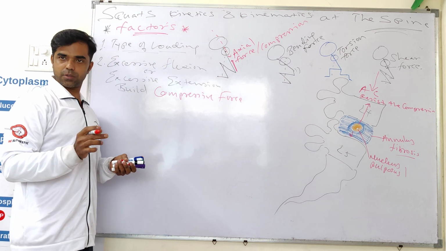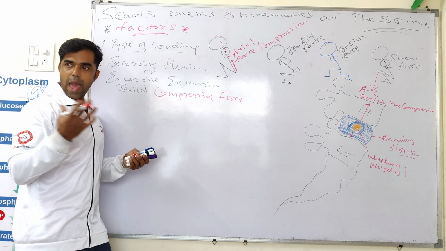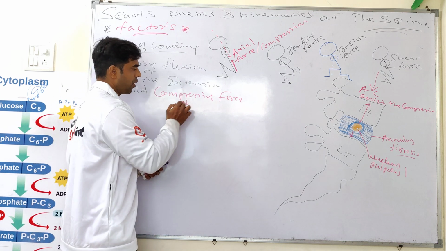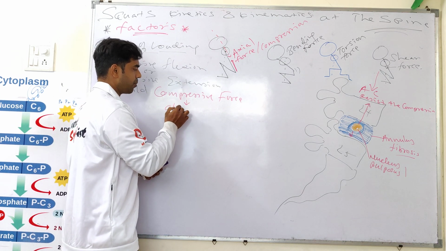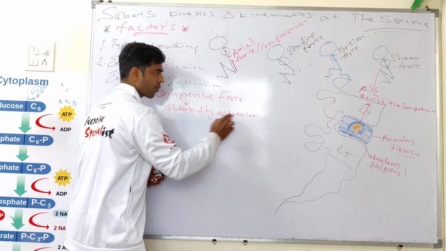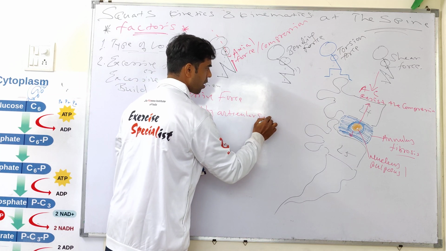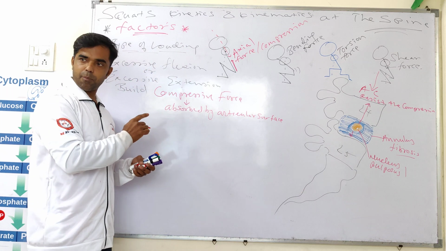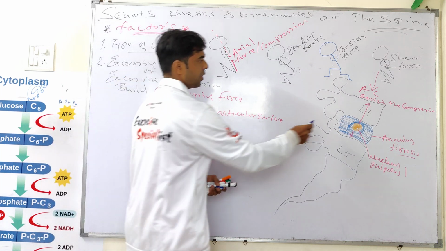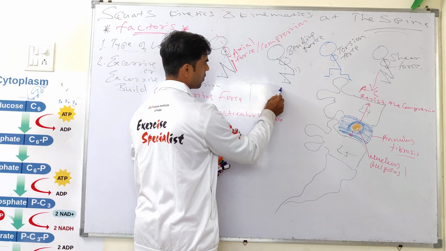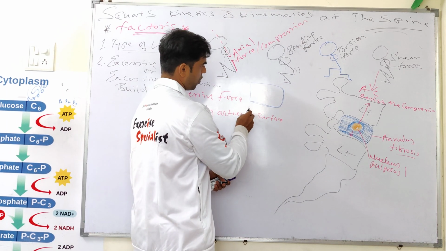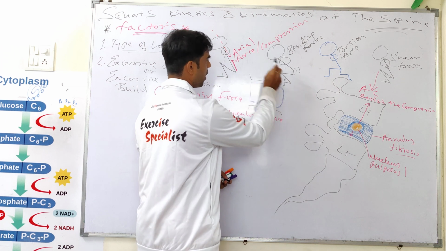Right? And this force has to be absorbed by your articular surface. If it is not absorbed by the articular surface, the cartilage, suppose this is your disc, right? This is your disc here. And we have vertebra down here and vertebra up here.